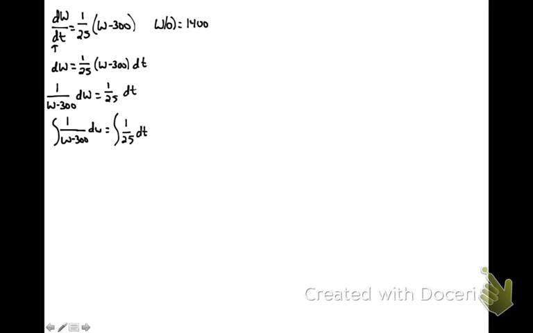When I integrate on the left, I get the natural log of the absolute value of w minus 300, and since I integrated and it was indefinite, I've got some constant, call it little c, and that's going to equal 1/25 t, and that's also with some constant, which I'm going to call little d.